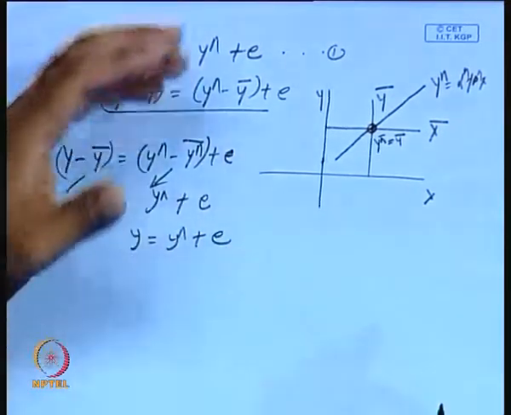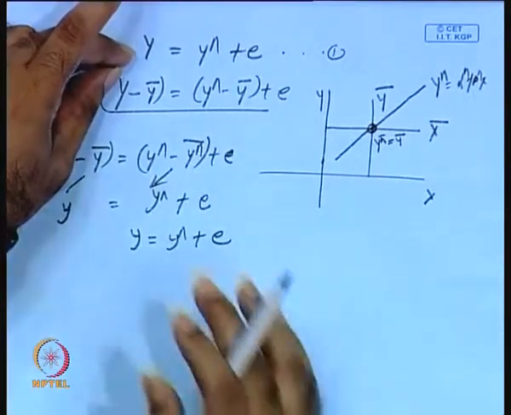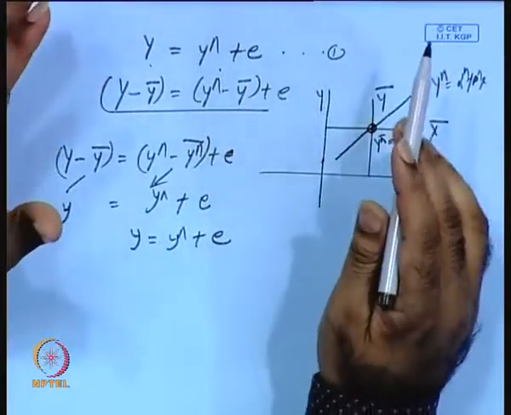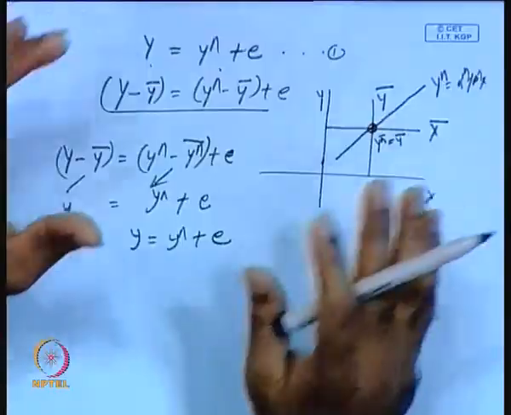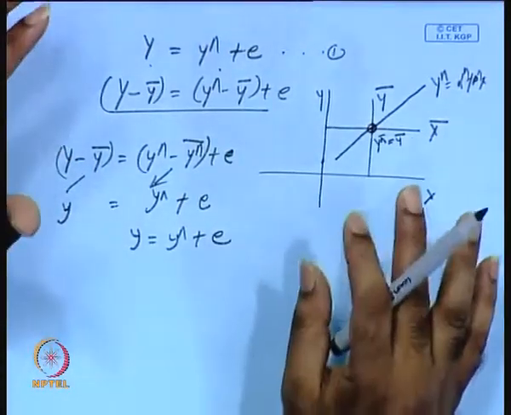This is the original equation, where y and y hat are in capital format, and this y and this y hat are in deviation format. There is a huge difference between deviation and actual, so we have transferred the actual to deviation format for simplicity.